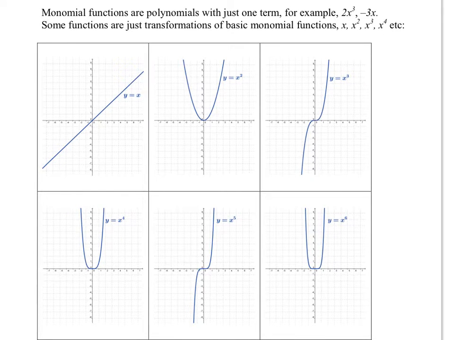Starts up at infinity, ends up at infinity. Whereas if you have an odd power, like for example x to the power of 3, x to the power of 5, it's kind of a squiggle, if you like. Squiggle like this, or a squiggle like this. Starts off at -infinity, goes up to positive infinity.